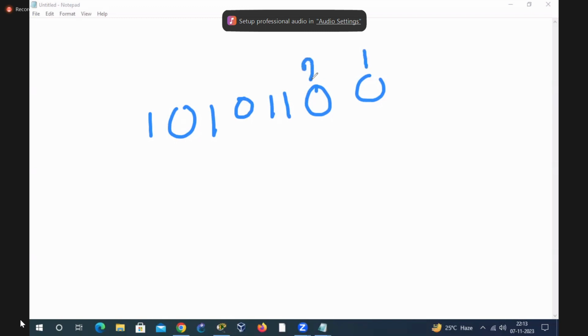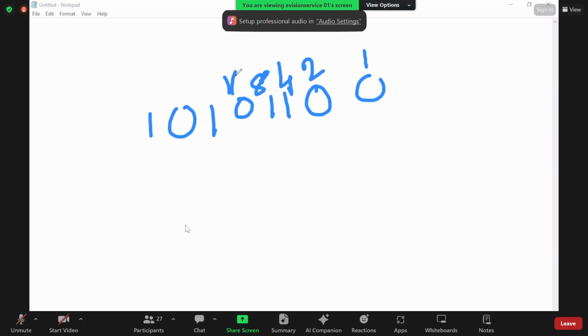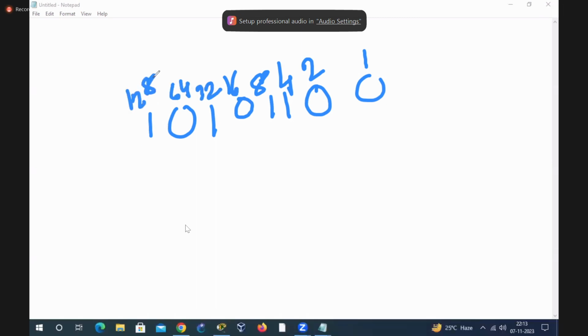Now let's convert a binary into decimal. Let's say we're talking about 1 0 1 0 1 1 0 0. Convert this from binary to decimal. Very simple process. Write the powers, that is 1 2 4 8 16 32 64 and 128.